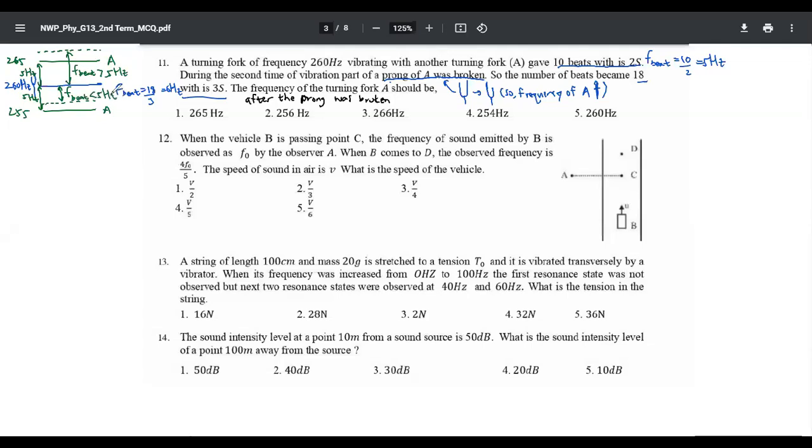But the new frequency is greater than 5, because it becomes 6. Therefore, definitely the earlier frequency is 265 and the new frequency must be 266 hertz. From 260, earlier the beat was 5 hertz and then the new one is 6 hertz. So 266 should have been the answer for this.